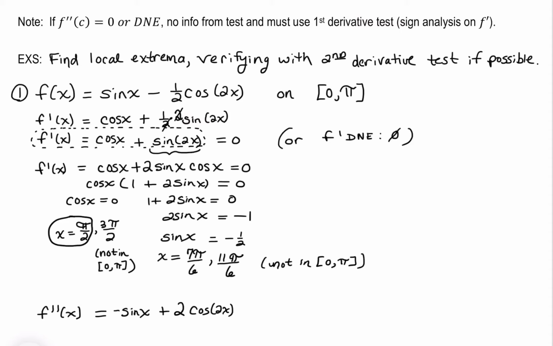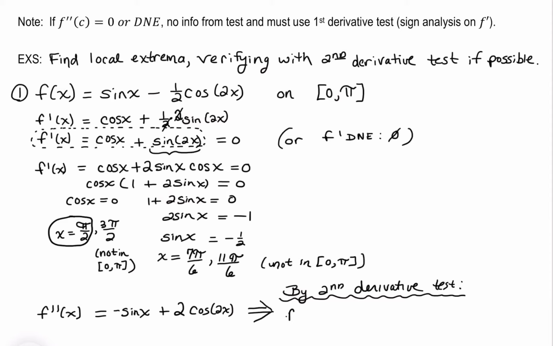And so now what we do with our second derivative test, I'll even write this out, by second derivative test. We have this point of horizontal tangency, our critical point there at x equals pi over 2.